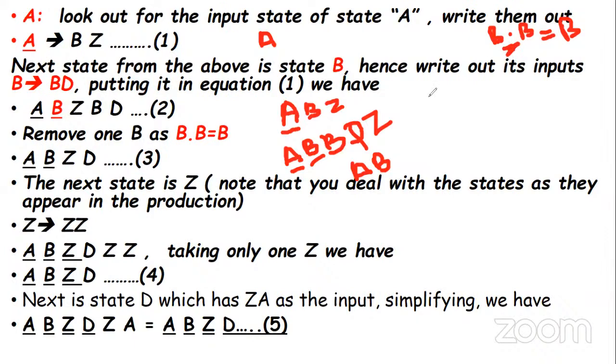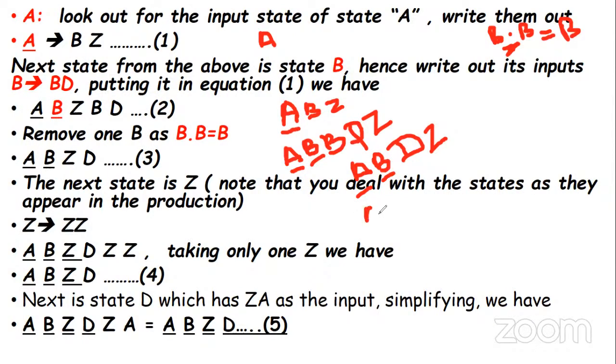You give the reason why one of these Bs is disappearing. Then D and Z. So you put your line under it, showing that A and B have been evaluated.